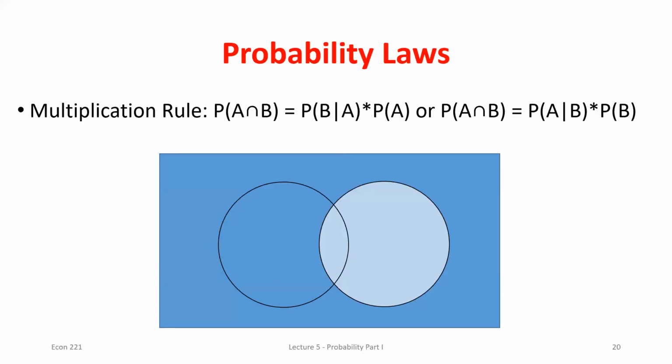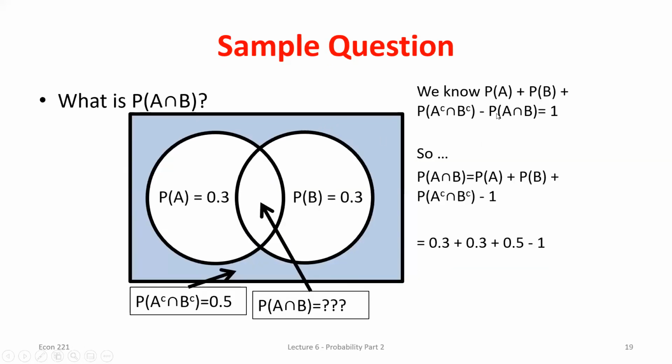I briefly mentioned on Friday, we have these things called conditional probabilities, okay? So there is a way we can find the intersection of two events, even if we don't have three of these other components.